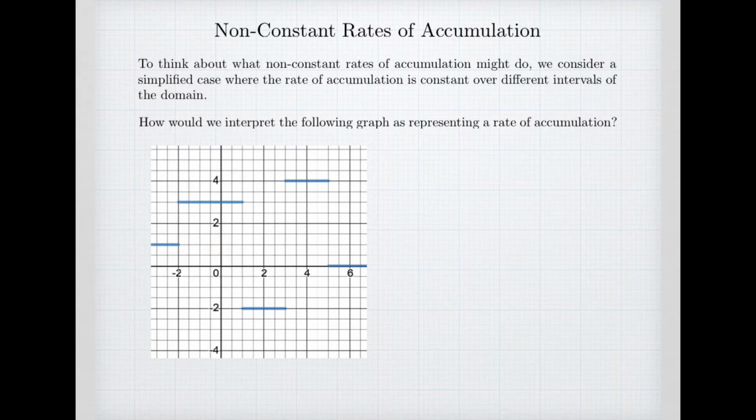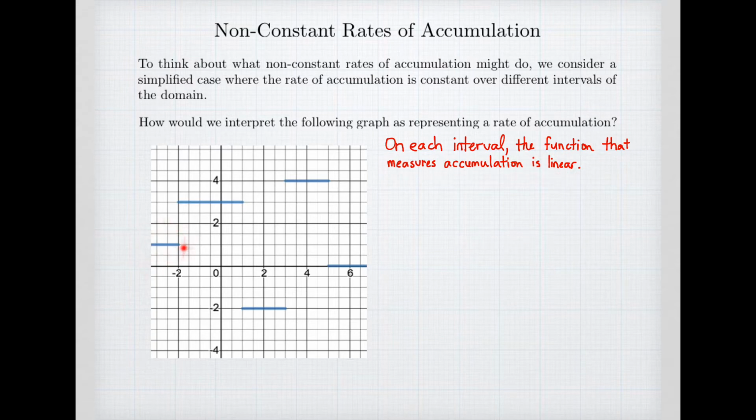So if I didn't know about all the changes, these constant rates of change mean that my accumulation function would be lines. Let's summarize that. When I break up my domain into different intervals, on each of those intervals I have a constant rate of change, and so the function that measures accumulation is linear on each of those intervals.